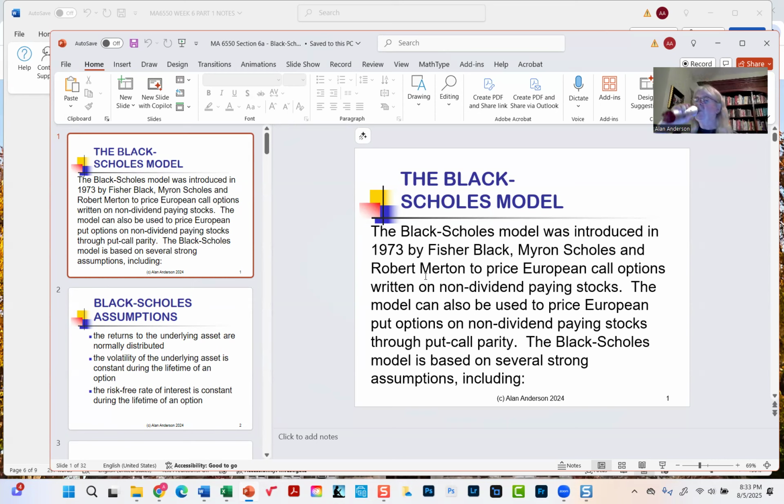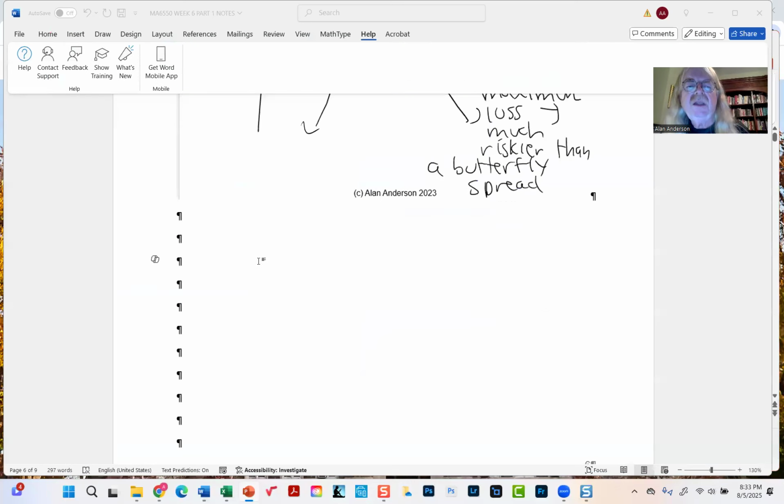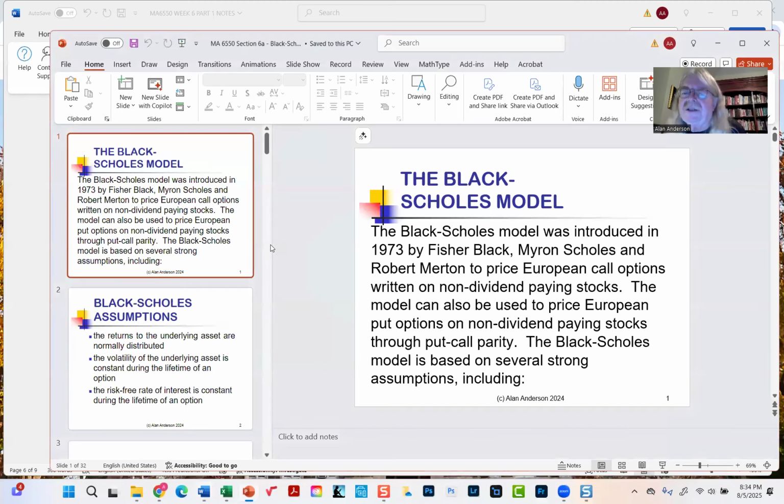Now, of course, it was invented by Black and Scholes, but there's also a third researcher involved with this project named Robert Merton. It's kind of an interesting story because these guys are academics.